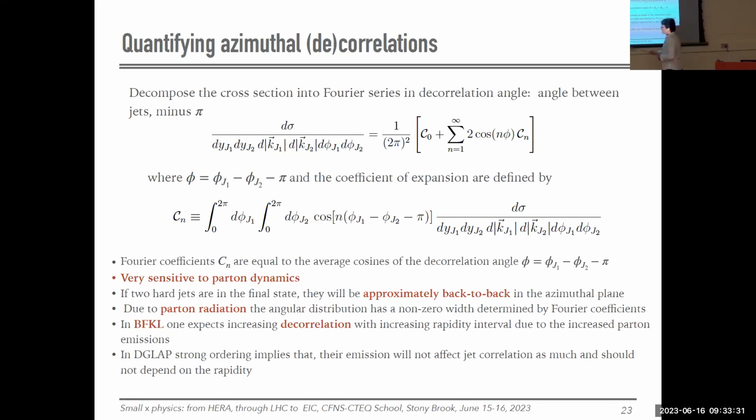And in BFKL, one does expect a lot of these decorrelations because of these unordered cascades with increasing rapidity. And then in DGLAP, because of the strong ordering, that implies that this will not affect jet correlation as much. So there will be some difference.